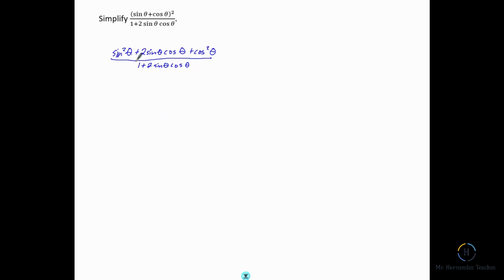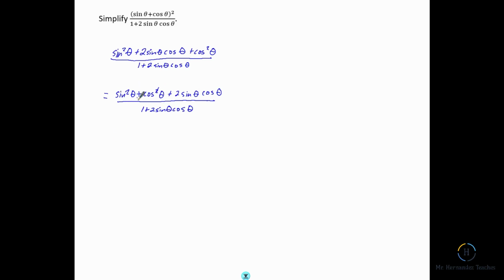What I notice here is anytime I have sine squared of theta plus cosine squared of theta, I can rearrange this. Let me go ahead and rearrange what we have here. So sine squared theta plus cosine squared theta plus 2 sine theta cosine theta, divided by, let's not do anything with that denominator right now, 2 sine theta cosine theta.